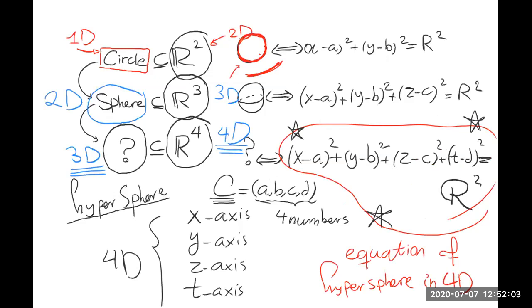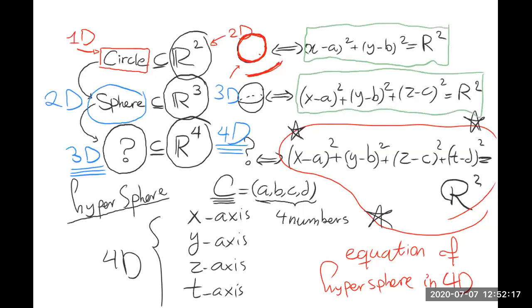Okay, this is not part of the course. This four-dimensional thing is not in the course, but it's nice to see that. So this is the equation of a circle. This is the equation of a sphere. We can't see a hypersphere, but we still have the equation. And we can say a hypersphere is what this equation describes.